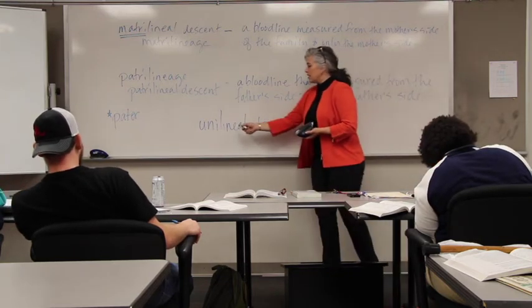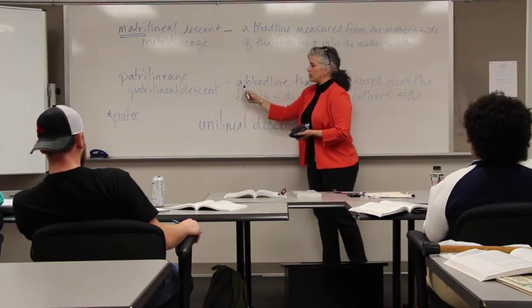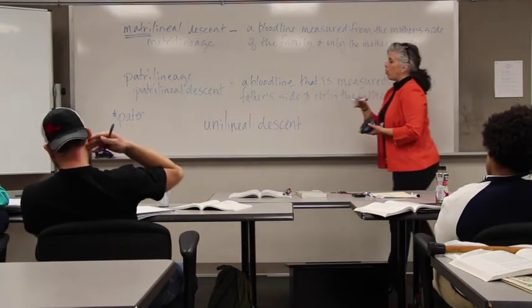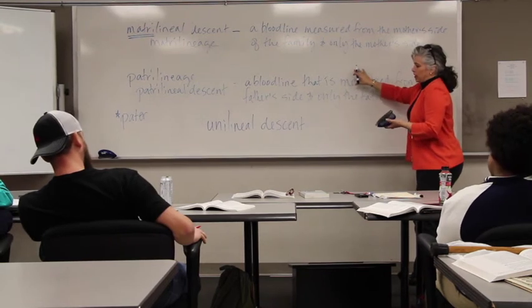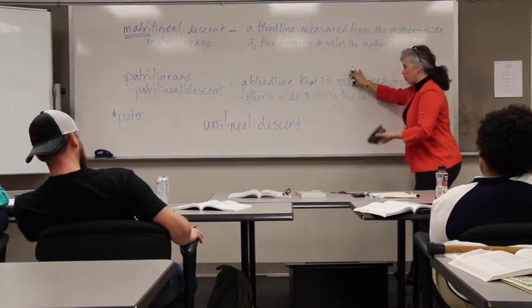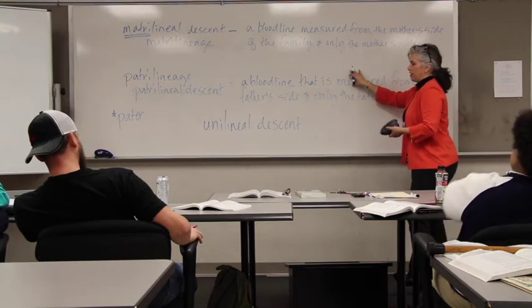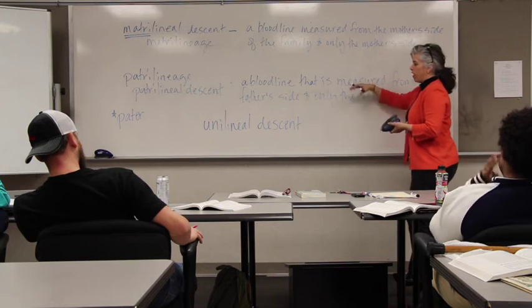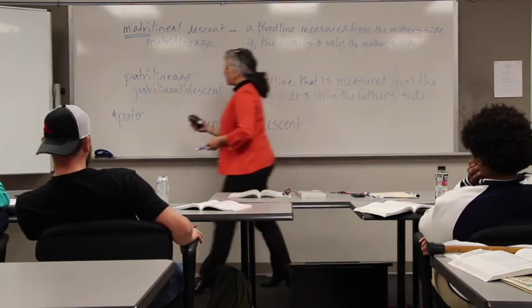But in a unilineal descent system, you're talking about one or the other of these blood relationships, these consanguine relationships. And that's where your family, your political authority, your inheritance pattern, your gender identity, all of these different kinds of things that rely on kinship for their patterning, would come from either the father's side or the mother's side, but not both.